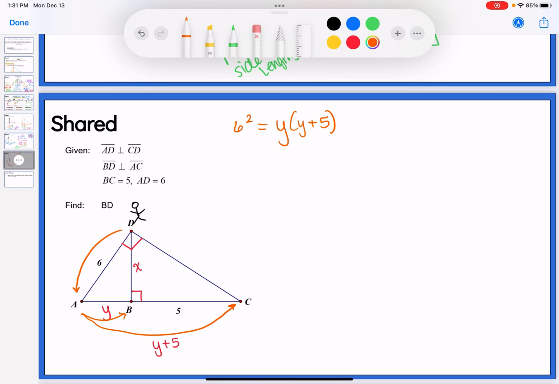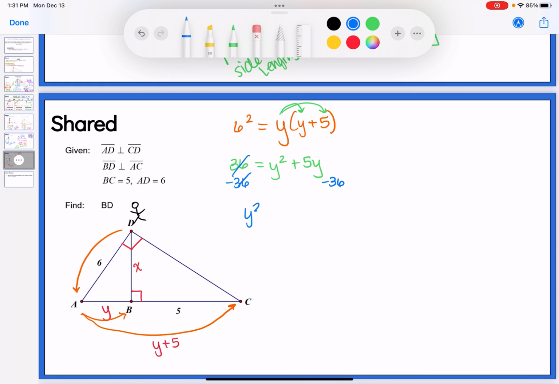Ooh, well, I could just go ahead and solve that for y, couldn't I? Okay, 6 squared is 36. Distribute, y times y is y squared. y times 5 is 5y. Again, I have a y squared and a y, so I need to get it equal to 0 and factor.